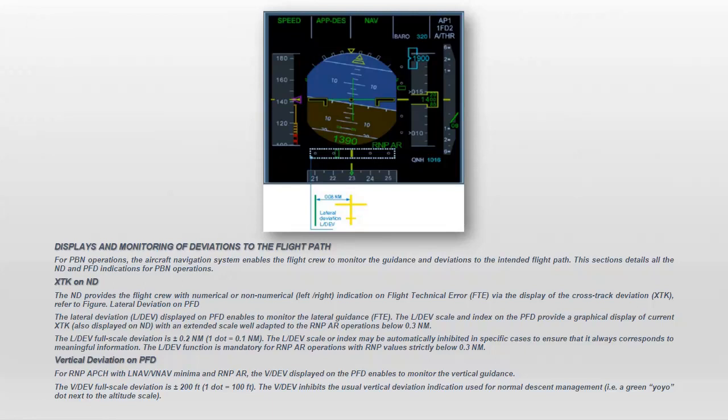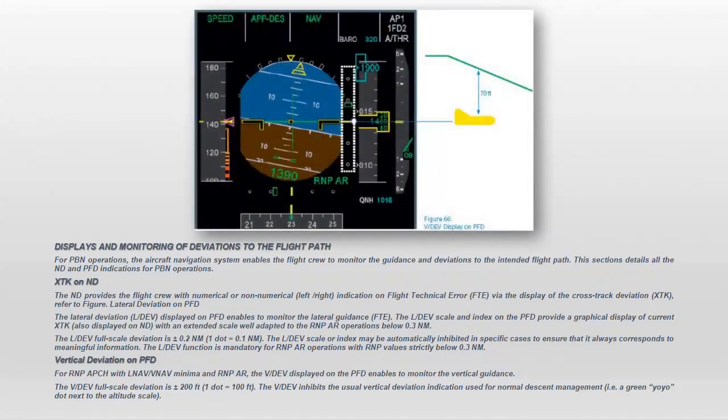The lateral deviation full-scale deviation is plus minus 0.2 nautical miles, 1 dot equals 0.1 nautical miles. The lateral deviation scale or index may be automatically inhibited in specific cases to ensure that it always corresponds to meaningful information. The lateral deviation function is mandatory for RNP operations with RNP values strictly below 0.3 nm.